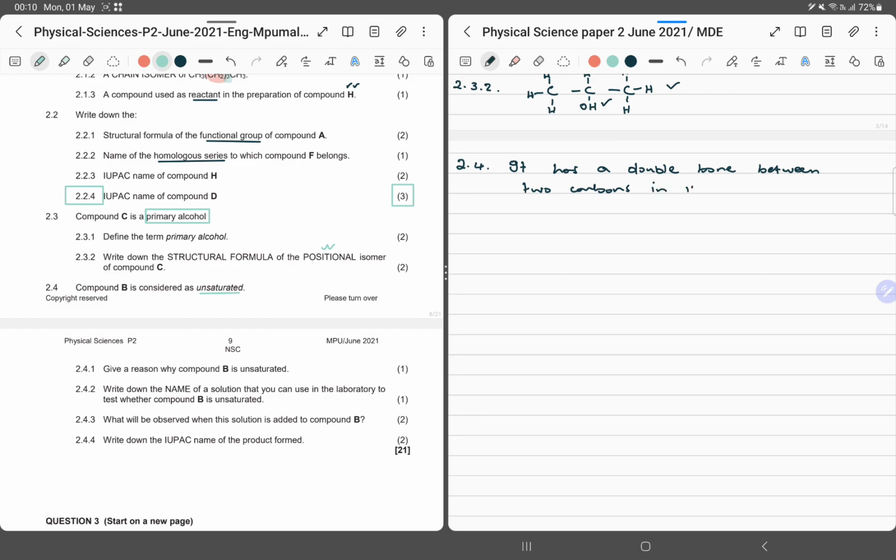Basically it has a multiple bond, but to be specific, because they chose compound B, we know that it has a double bond.